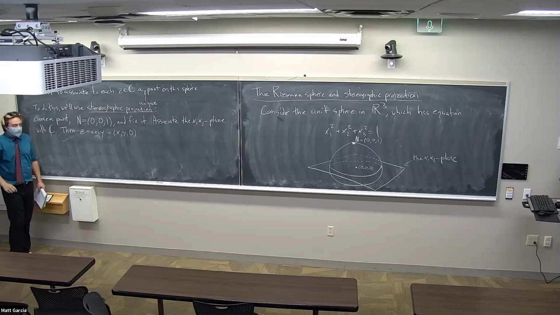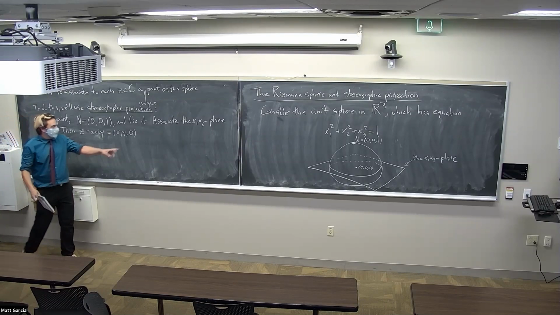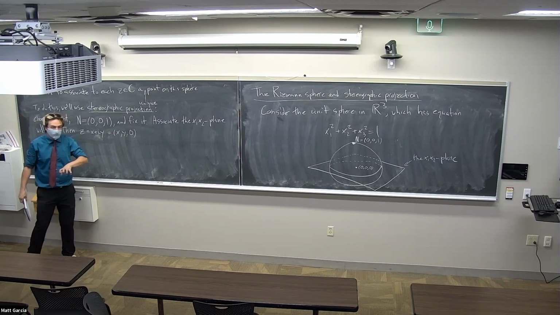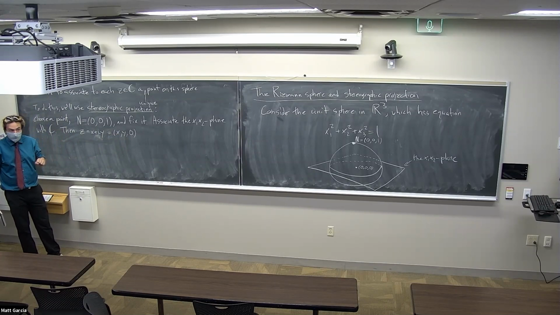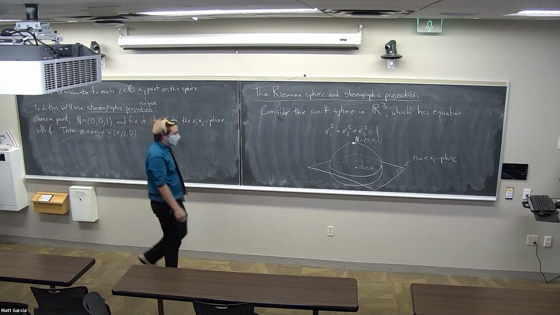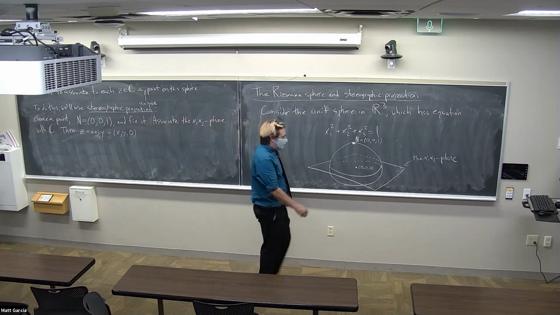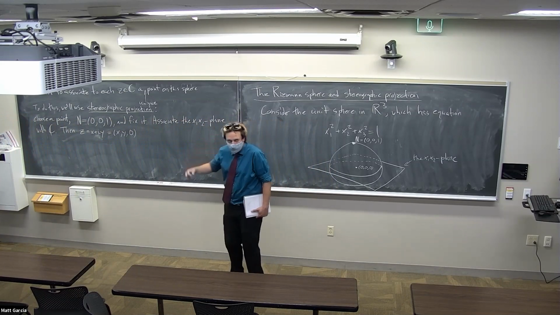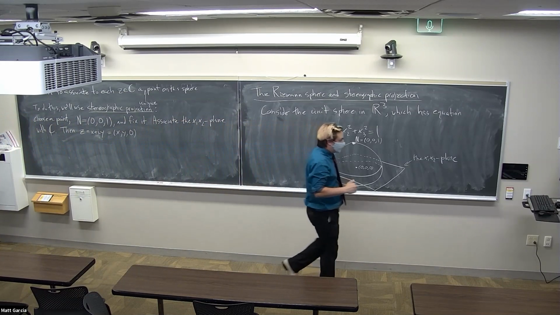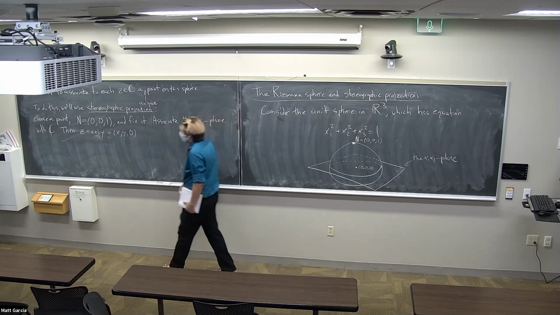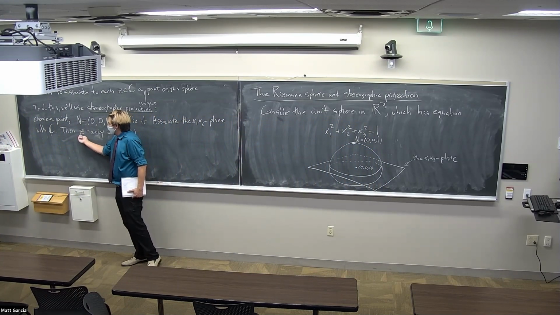I'm just tacking on an additional 0 to say that the x1, x2 plane is what I'm considering as the complex numbers in 3 space. So I'm still not on the sphere, but I have a representation in 3 space of the complex plane. How do I get a unique point on the sphere associated to this z?